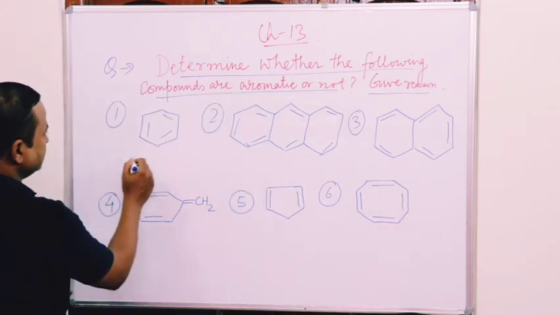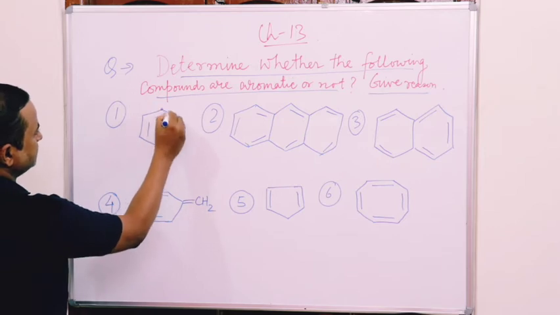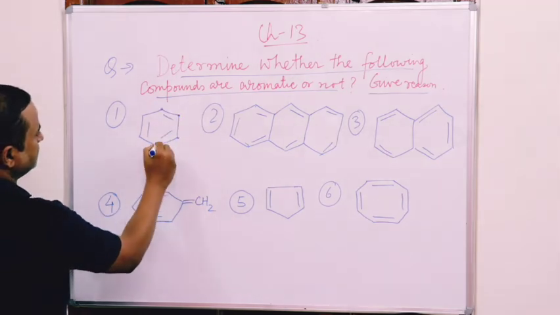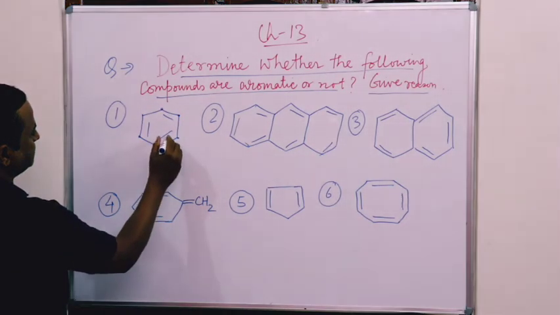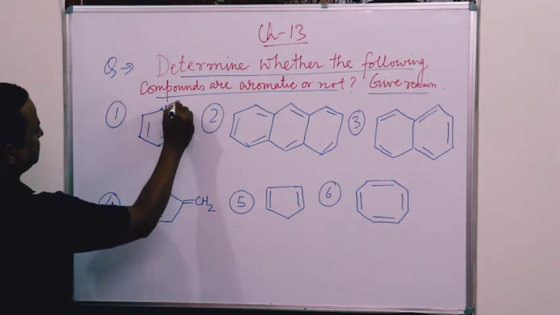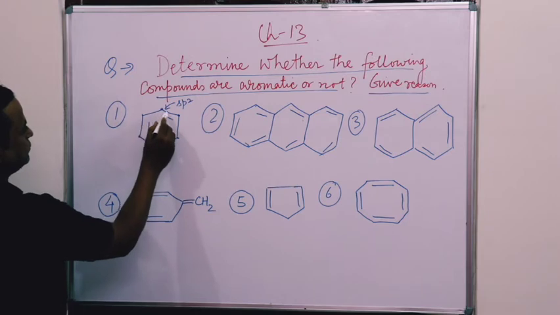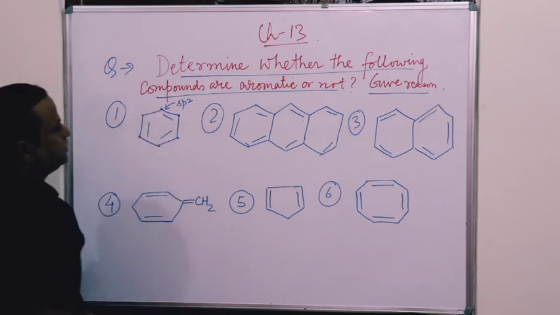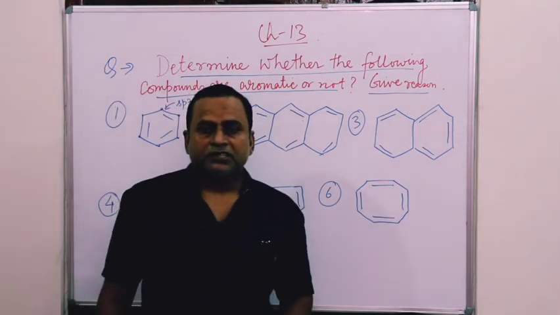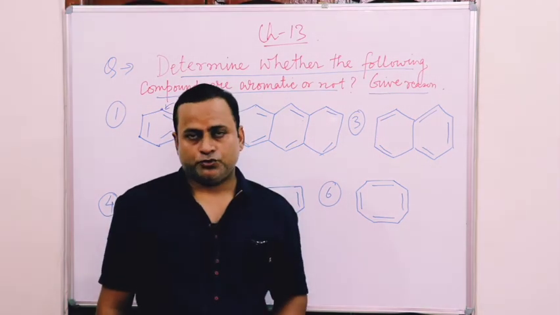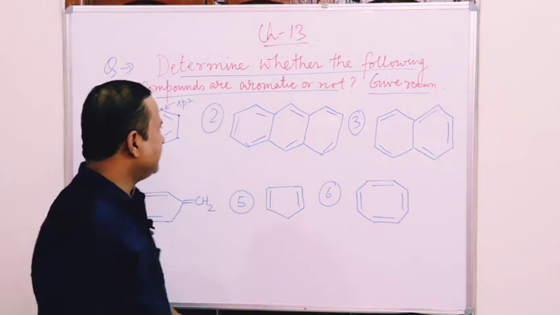So see benzene, all these carbons are sp2 hybridized. We have to count the sigma bonds, okay? So 1, 2 and 1 hydrogen is there, 3 sigma bonds are there, so it is sp2 hybridized, that means it is planar.